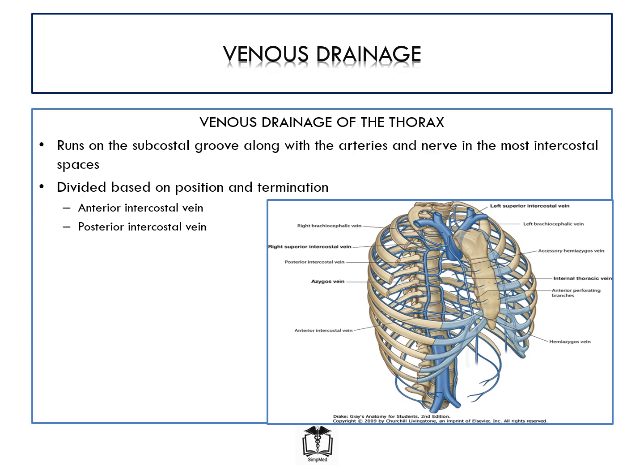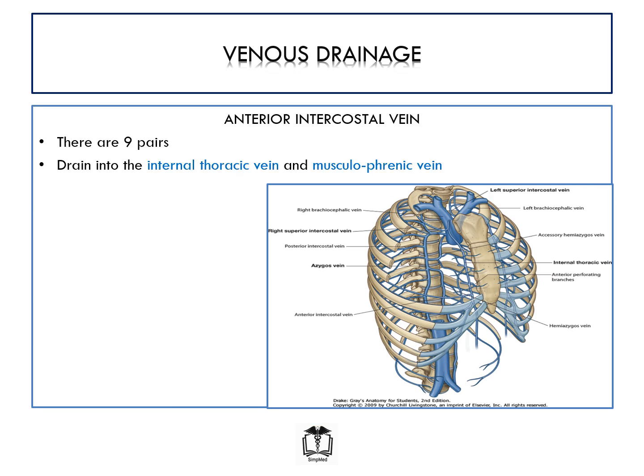Because we have different numbers of intercostal spaces, 9 anterior and 11 posterior, we also have differences in the numbering of the anterior and posterior intercostal veins. Anterior intercostal veins are 9 in number because we have 9 anterior intercostal spaces, and each of these veins drains into different sources at the end of the day.